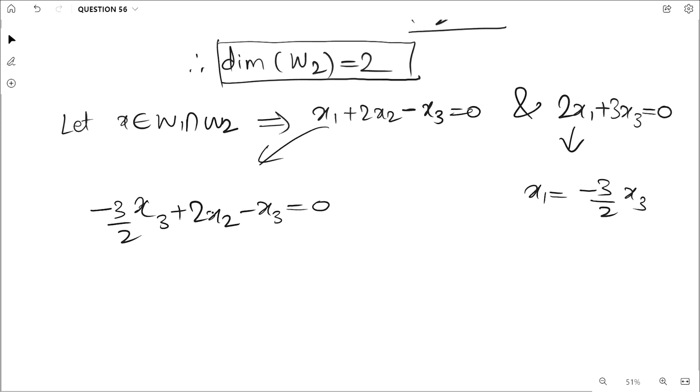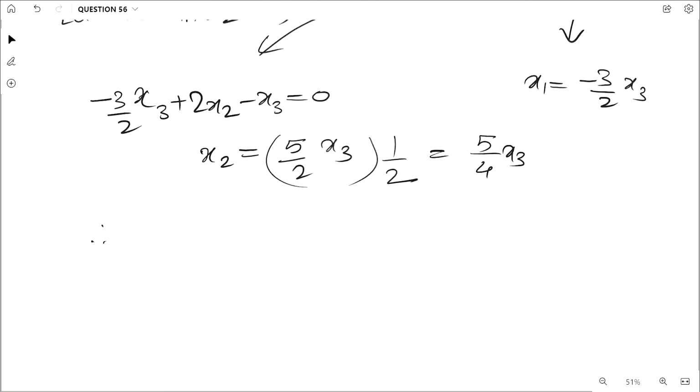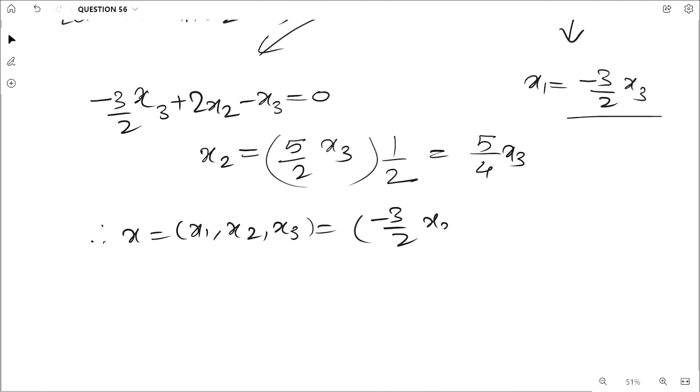So from this, we can write 2x2 as 3 by 2 plus 1, which is 5 by 2 x3, and so x2 is 5 by 4 x3. Thus we have x equal to (x1, x2, x3), which is (minus 3 by 2 x3, 5 by 4 x3, x3).